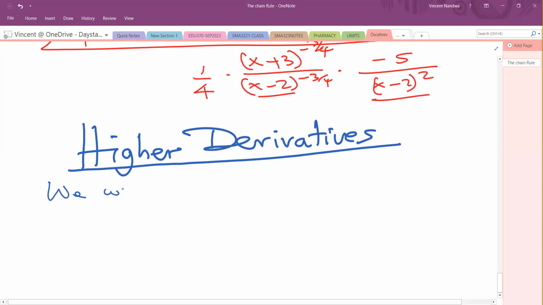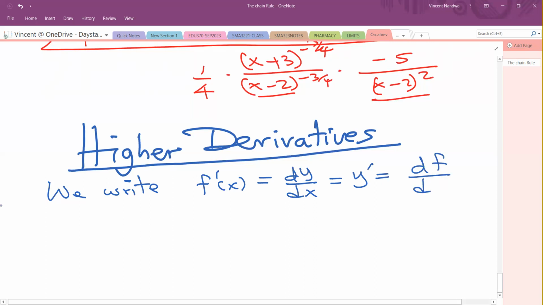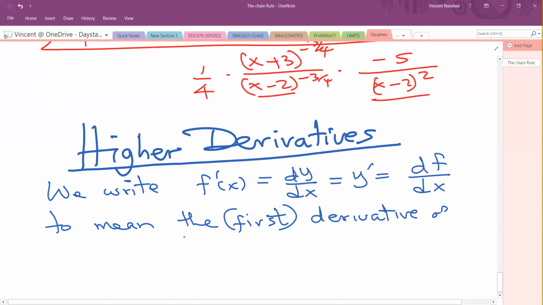We write f prime of x, which is the same as dy dx, which is the same as y prime, which you can also write as df dx, to mean the first derivative, or simply the derivative of the function y equals f of x.